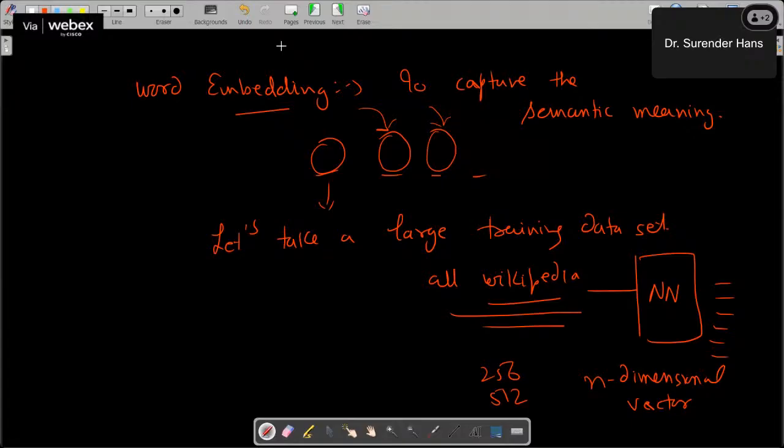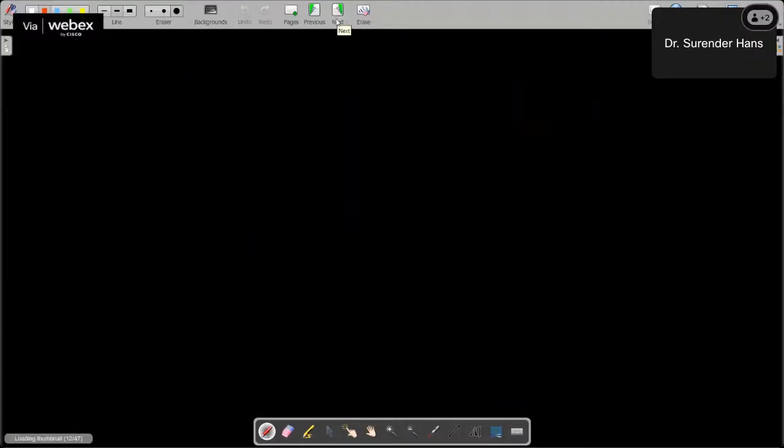Let's say the output of the neural network is a 5-dimensional vector, and the input is one sentence that contains 5 or 6 words.